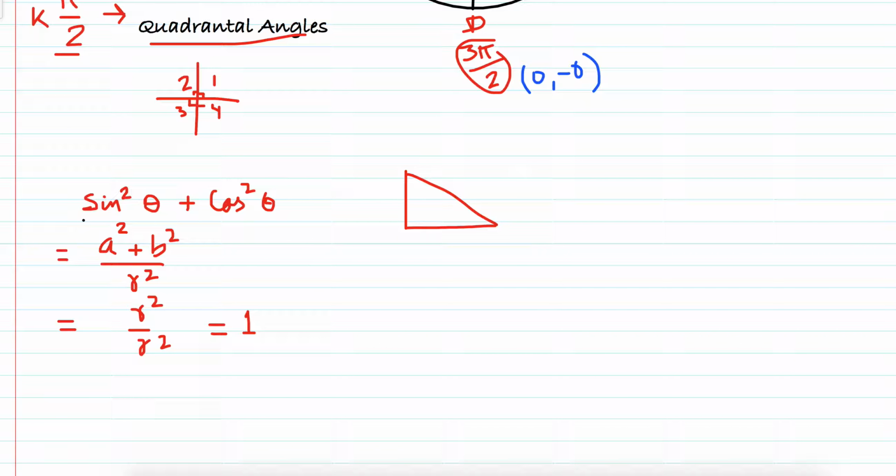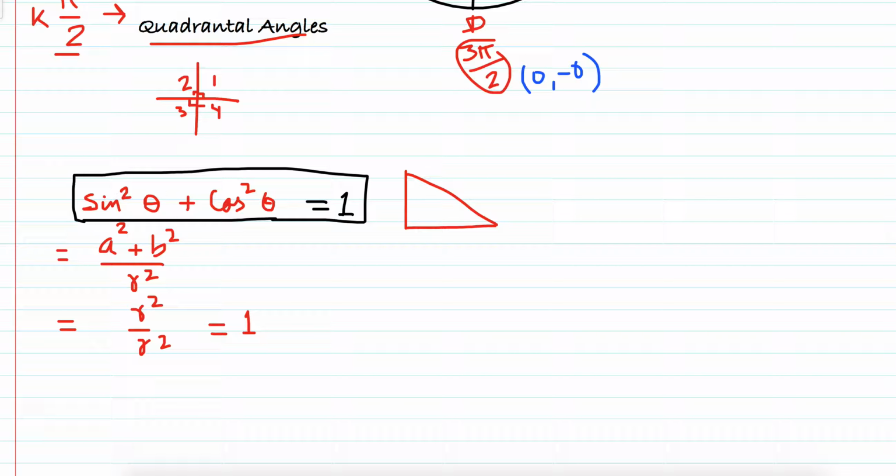So sin square theta plus cos square theta is equal to 1. We should remember this formula. We will see more formulas of this kind.